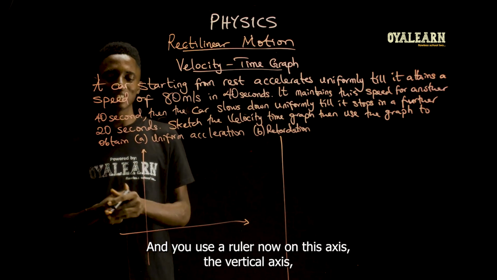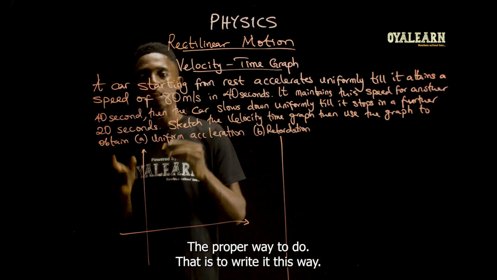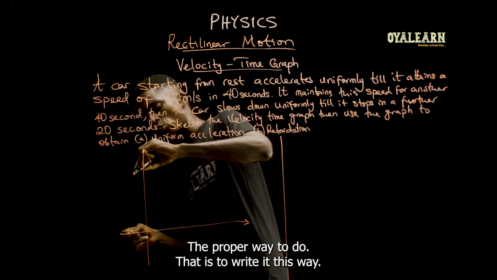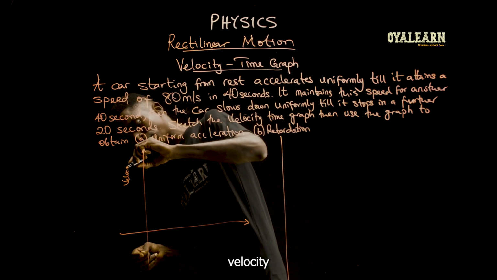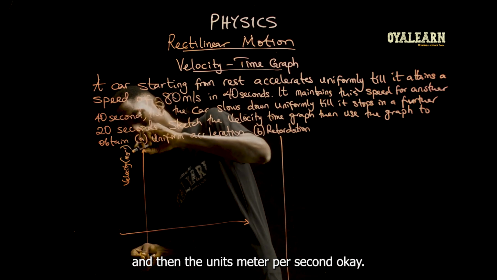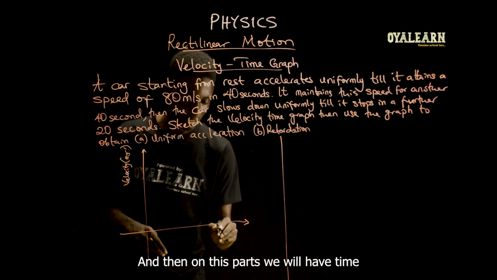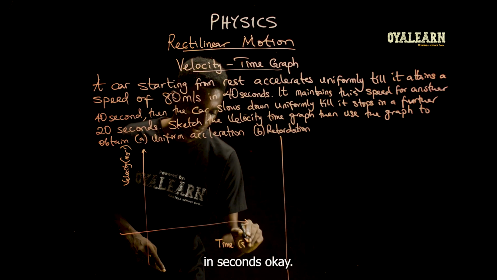Now on the vertical axis, we're going to have the velocity, right? Now the proper way to do that is to write it this way. So we'll write here velocity and then the unit meter per second. And then on this part we're going to have time in seconds.